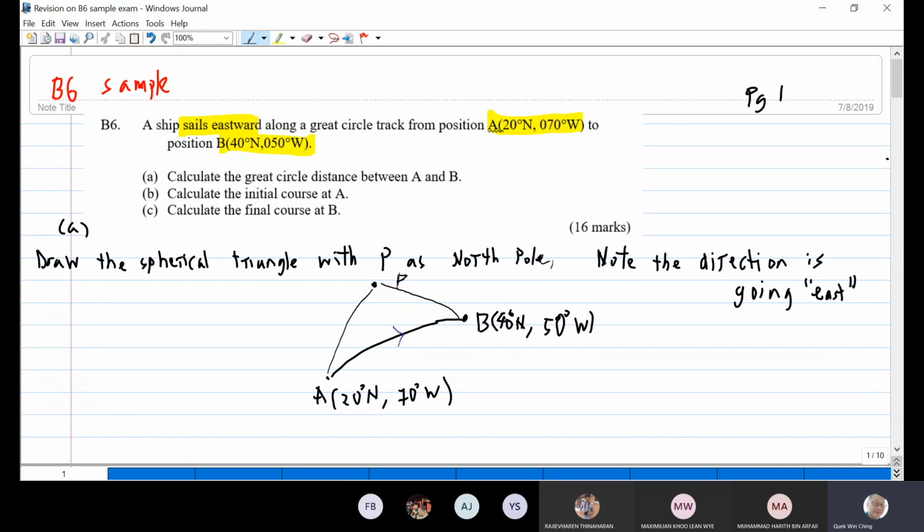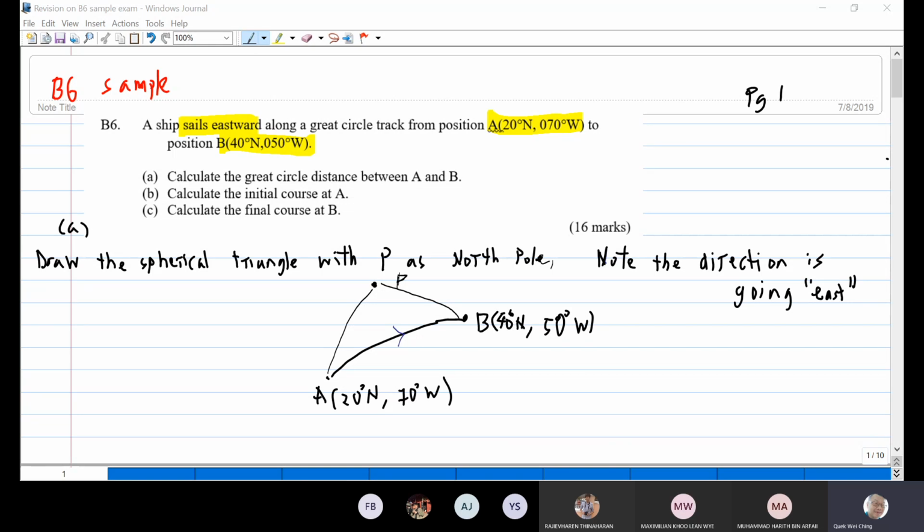Okay, first step. So let me WhatsApp to you so that you can slowly follow. Okay, no go here. Let me try. I will move this on top here. Okay, this from B6, right?